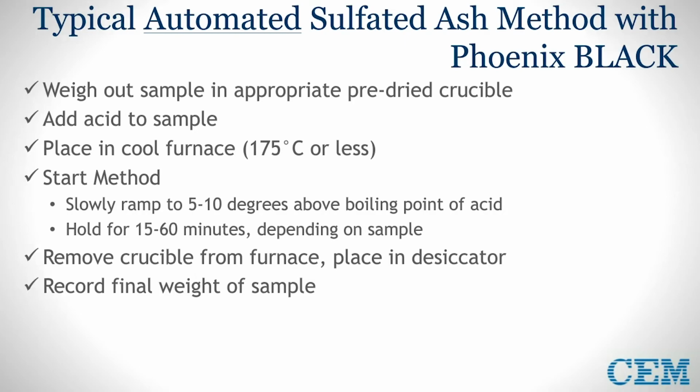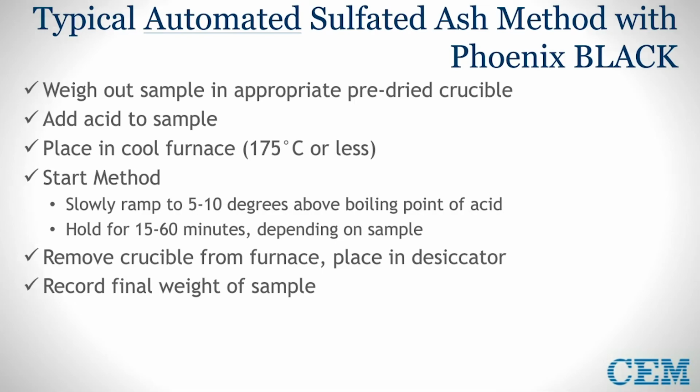That method will slowly ramp to about 5 or 10 degrees above the boiling point of the acid, depending on how that method is written. And then it will hold for 15 to 60 minutes at the specified ash point to completely ash the sample. Again, that's going to be sample dependent, so the methods are editable based on the needs of each sample.